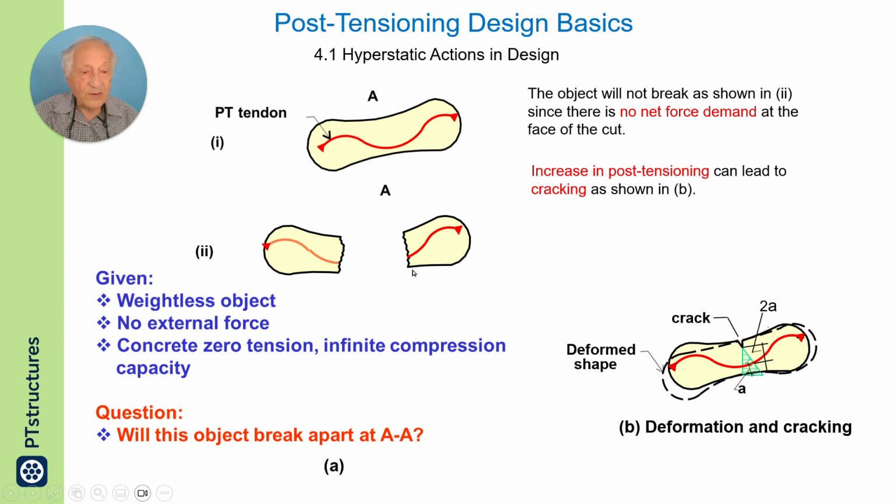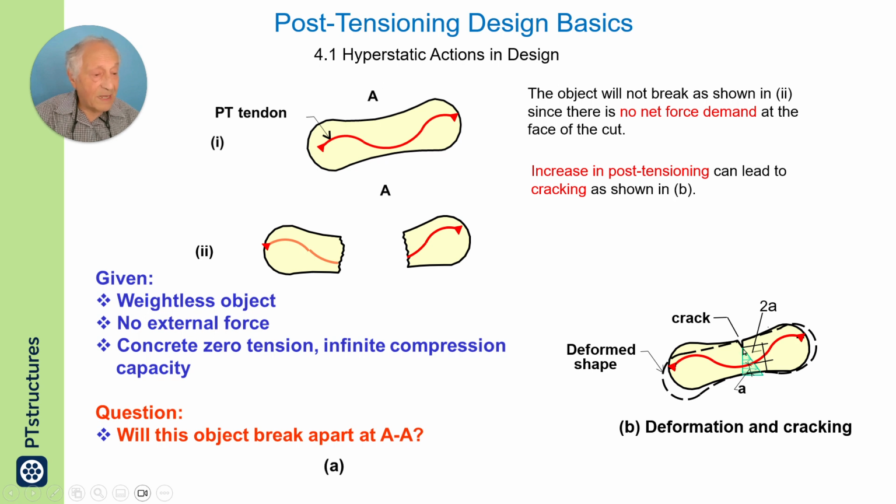Then what happens if I continue to increase the force more and more? The section will crack, as I'm showing at the bottom, because tension will develop on part of the section. It is possible, depending on the location of the tendon, that there can be tension. As I increase the force, the crack will increase in depth, and it stops.